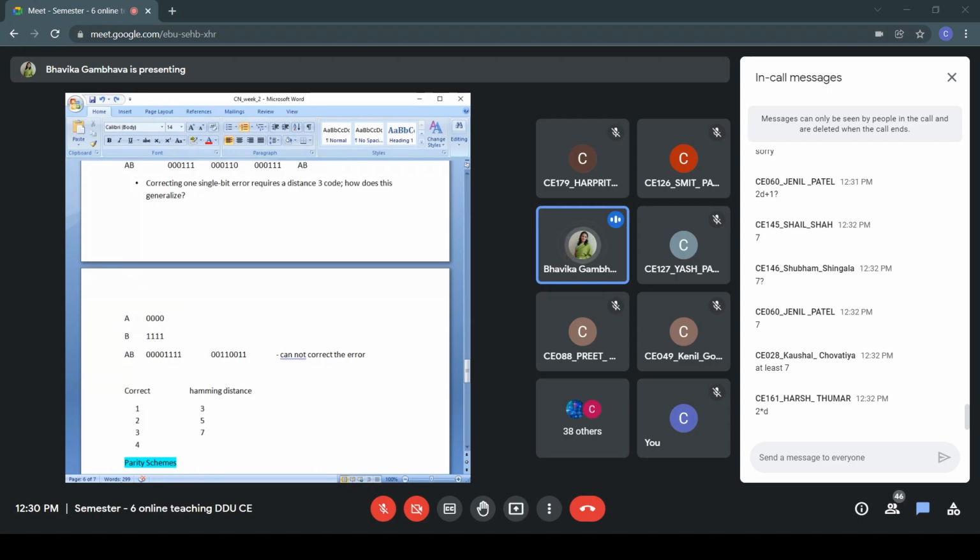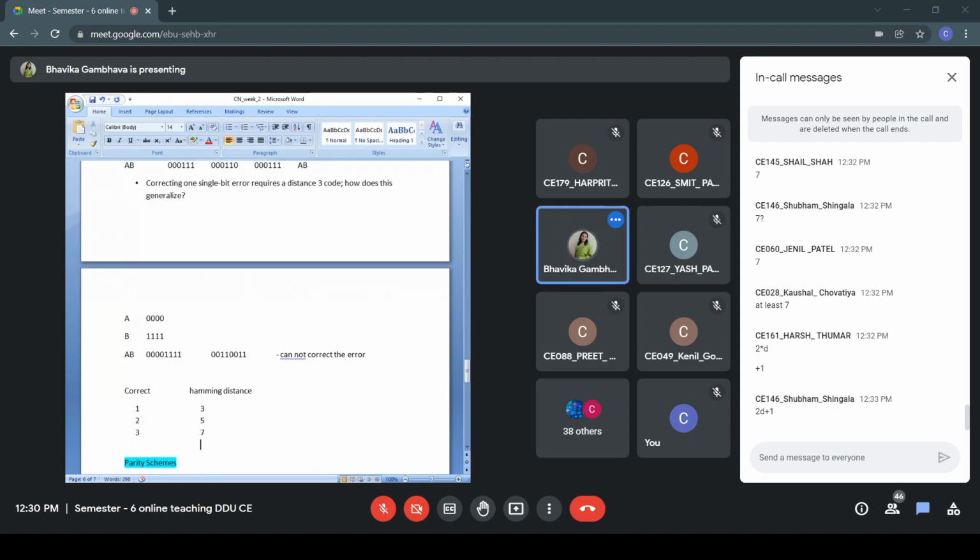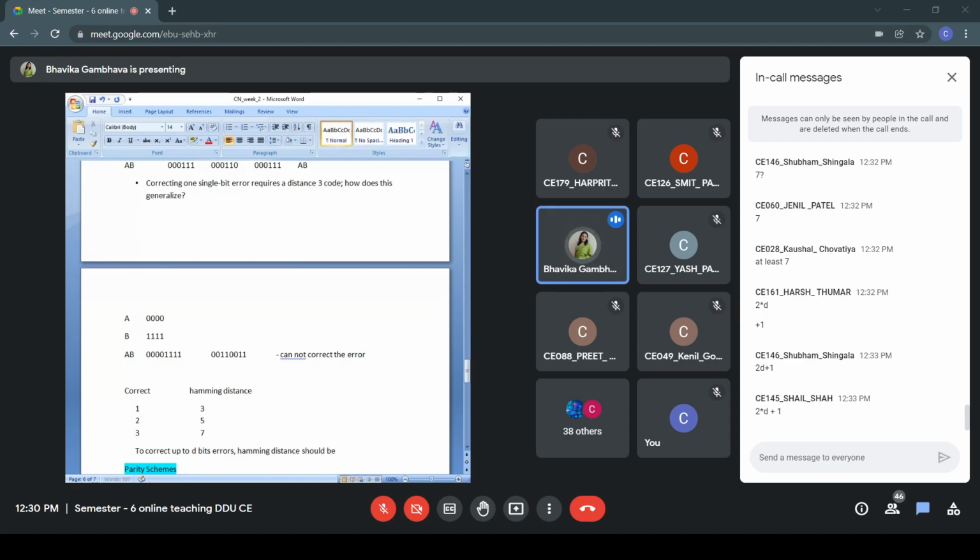So some of you have given the correct answer, and that is 2D plus 1. To correct up to D bit errors, the Hamming distance should be 2D plus 1.